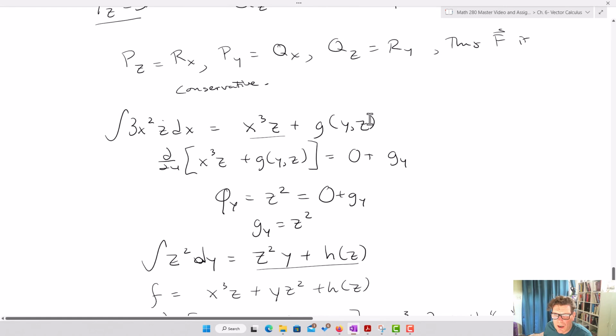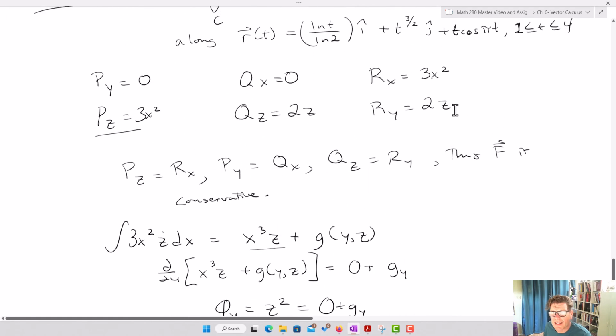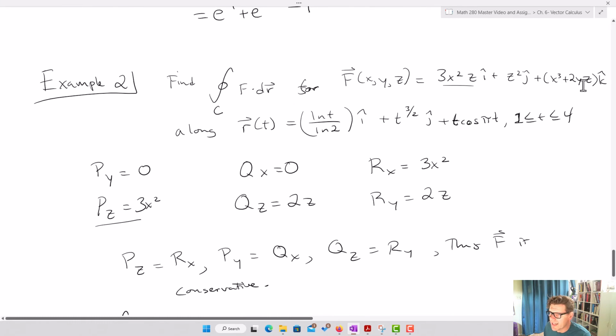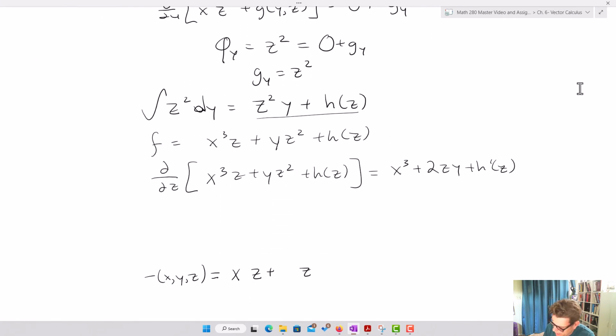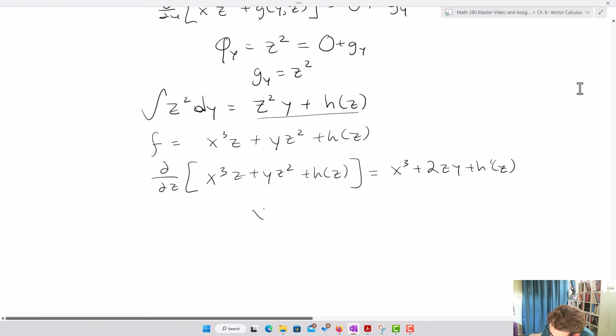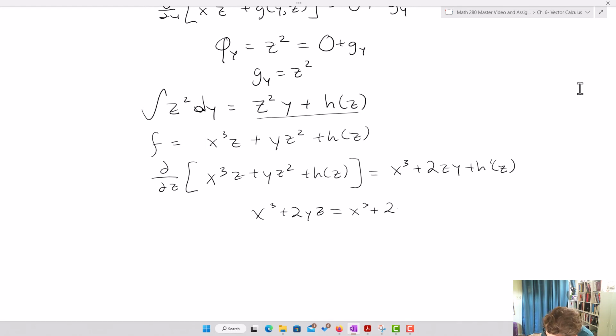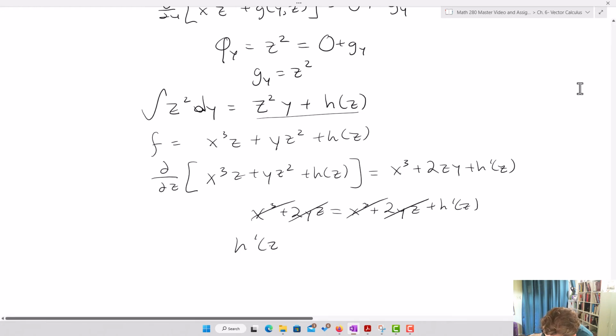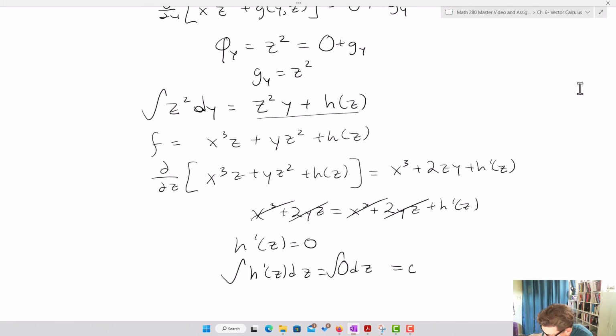Now, I can compare that against my function R. That's x cubed plus 2yz. So we've got x cubed plus 2yz is equal to x cubed plus 2yz plus h prime of z. So these cancel. We end up with h prime of z equals 0. If we integrate, just for the sake of completion, h prime of z dz equal to 0 dz, we get just some constant. So our h of z is a constant, but we can drop off the constant.